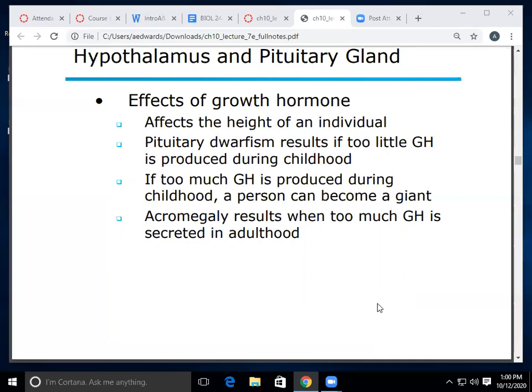The epiphyseal plates are generally closed in adulthood. Okay, so it's going to have a little different effect. Basically, they're not growing longer, but the bones are growing wider.